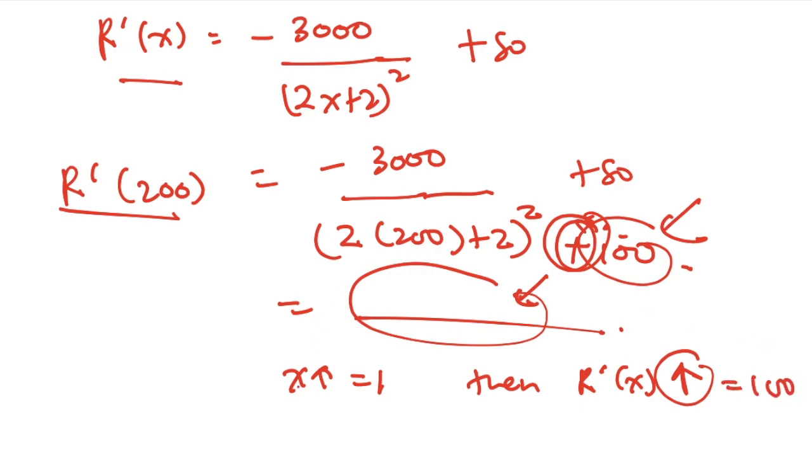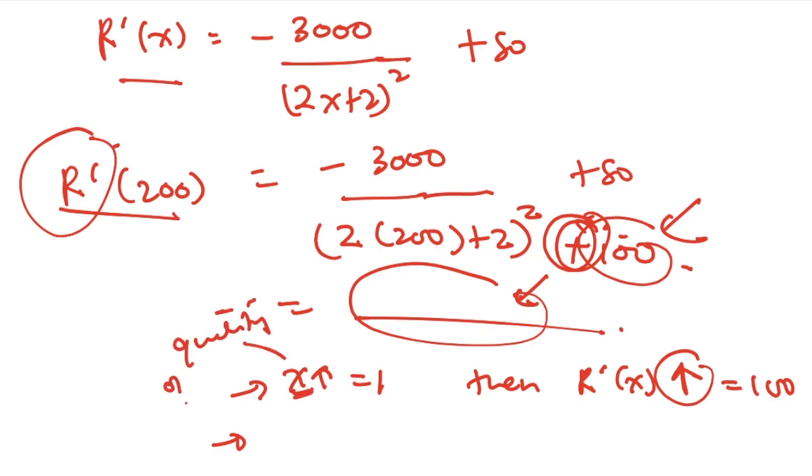But the precise way to answer this is, as I told you just now, R in economic study is basically revenue. X here then refers to quantity of output. So this is how you interpret the answer.